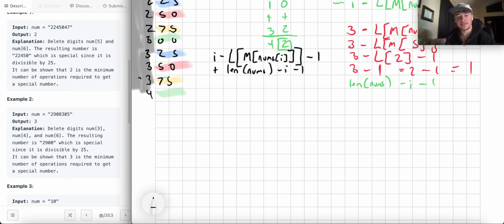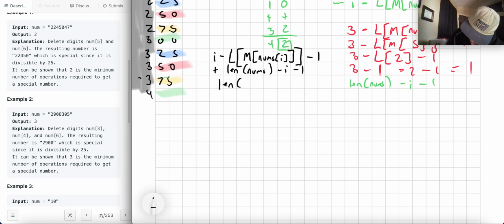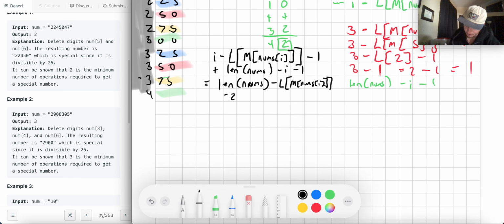So first thing you notice is that these i's cancel, right? So these i's go away, because you get i, minus 1, minus 2. So then it's just the length of nums, I'm going to reorder here, minus L of M of nums of i, minus 2. So that's the equation here to find it, right?